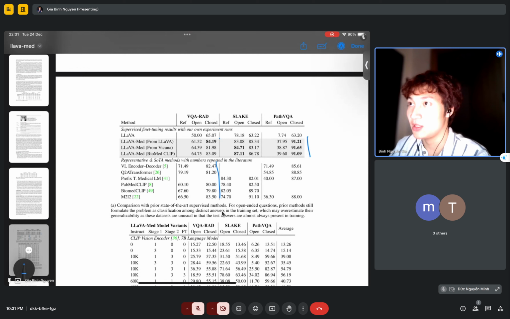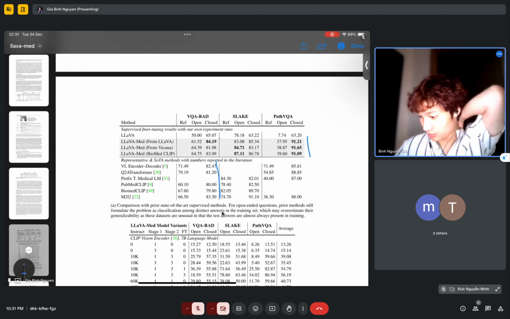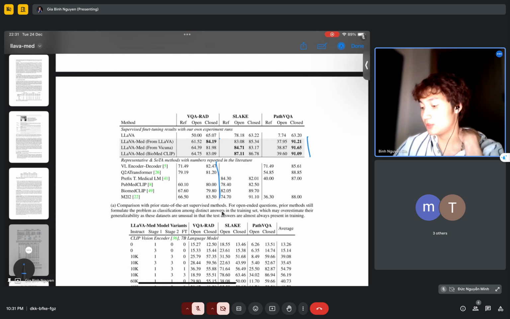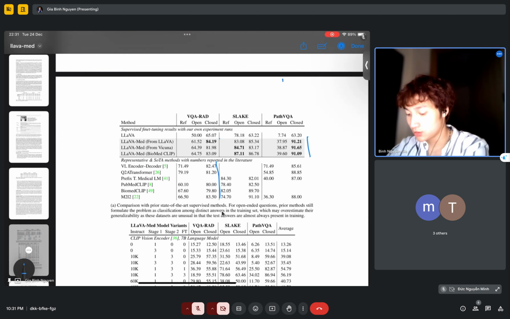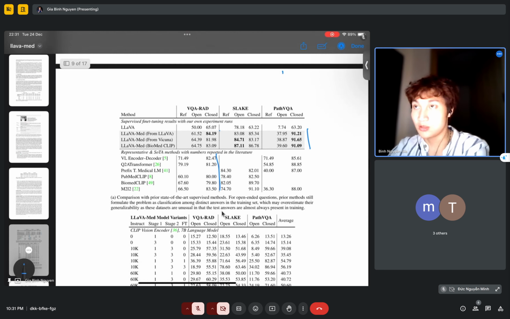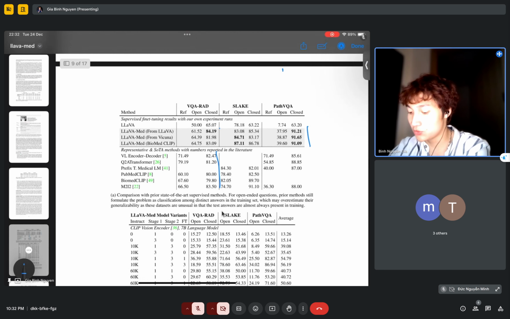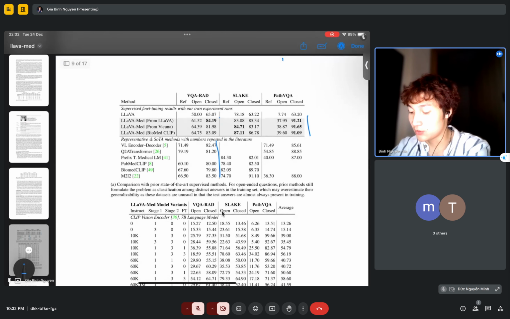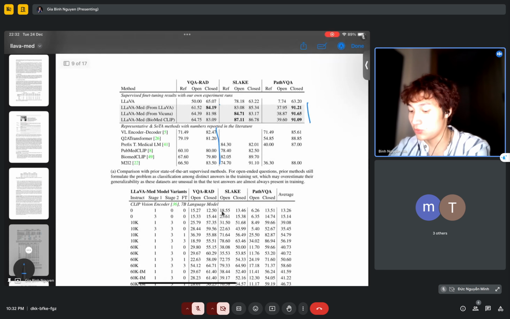GPT in this paper is just used to generate the data based on the caption. It does not see the image, it sees the caption and generates the multi-turn conversation datasets to train LLaVA-Med. So GPT does not directly do these tasks.